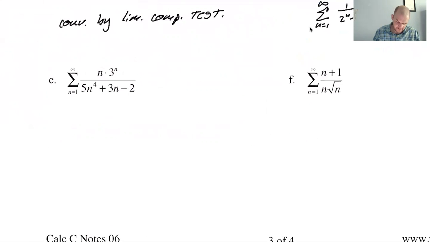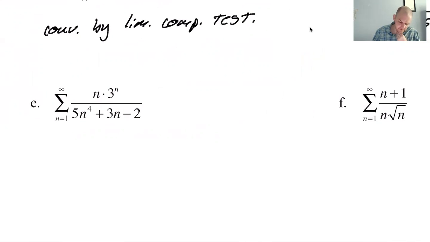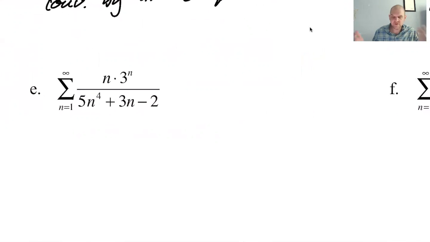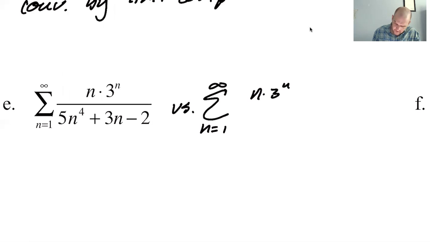I'm just going to finish these, hopefully. What to compare this to? All right, so when things are huge, what matters? That's the question. In the numerator, I'm going to leave n times 3 to the n.